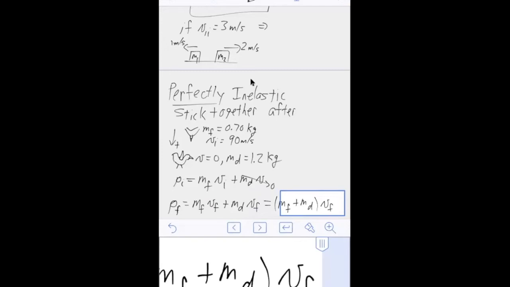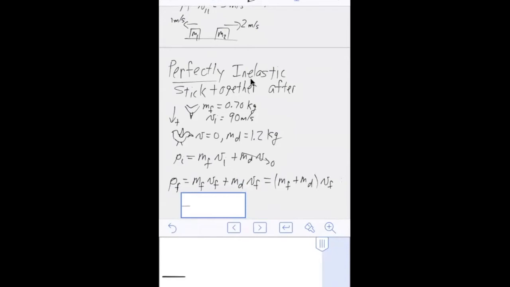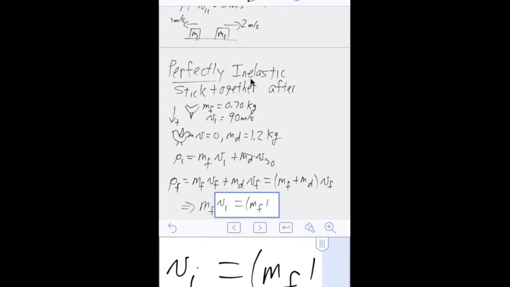So algebraically, that's the same. Basically, I just factored out a common term, but it might be easier to mentally picture a single object, two things that are stuck together moving at whatever this final velocity is going to be. So setting those equal, conservation of momentum, I've got the mass of the falcon times V initial is equal to mass of falcon plus mass of duck times V final.